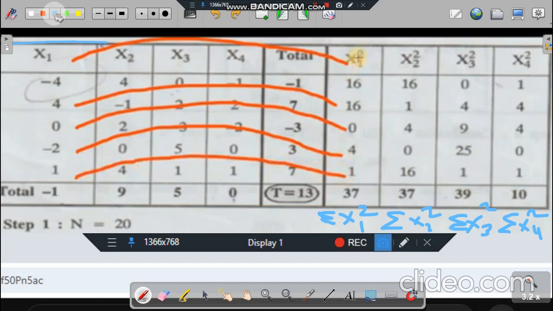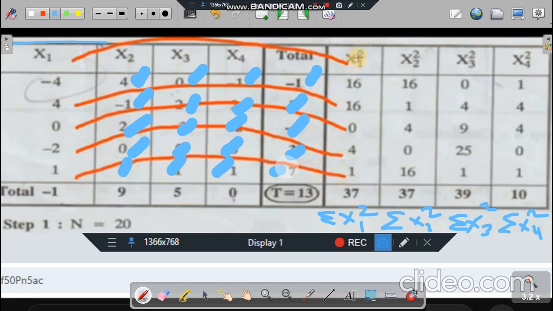The 20 is nothing but the number of elements given to us: 1, 2, 3, 4, 5, 6, 7, 8, 9, 10, 11, 12, 13, 14, 15, 16, 17, 18, 19, 20. So 20 elements are given to us. So that's what n equals 20.